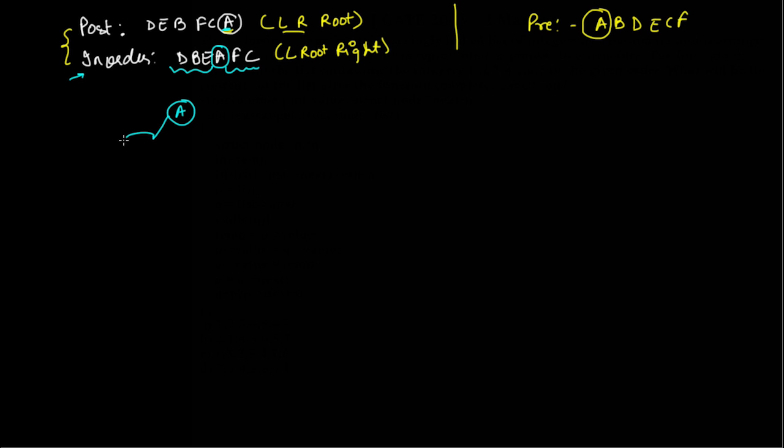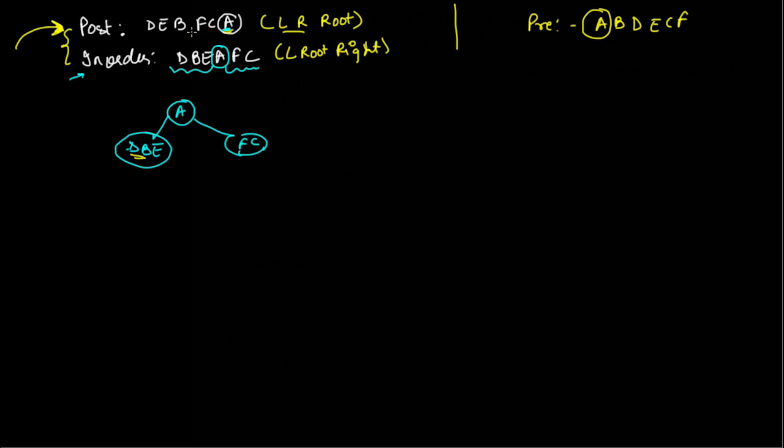Therefore in the left we are going to get DBE and in the right we are going to get FC. Now we have to identify in this DBE what is the root. To identify the root of DBE, we have to go to the post-order. And in this FC we have to identify the root, so for that we have to go to the post-order again.